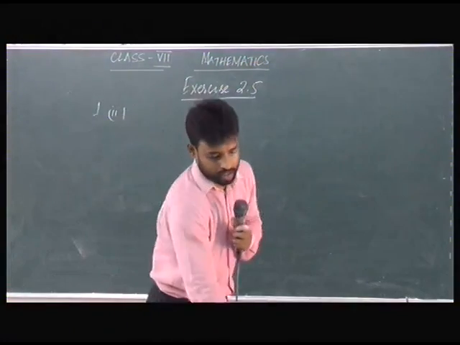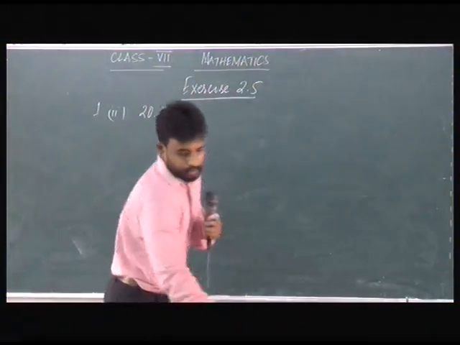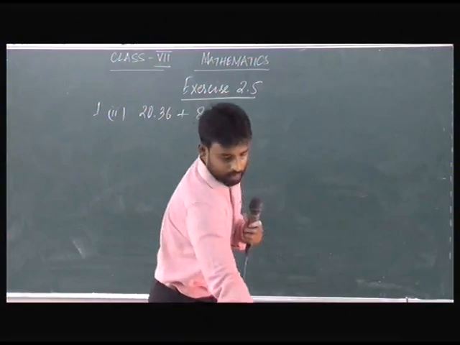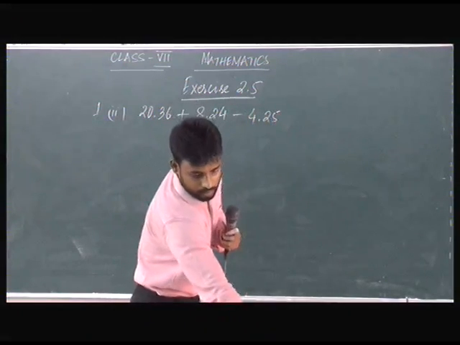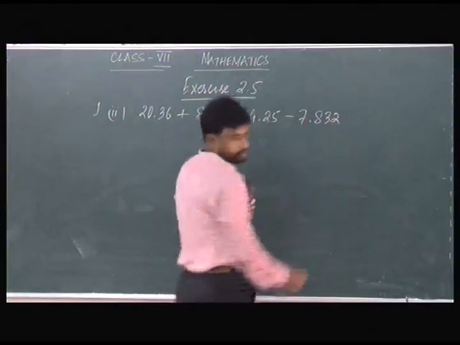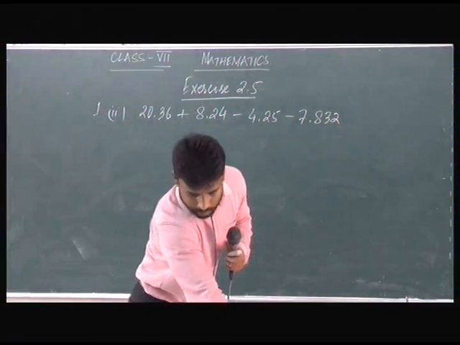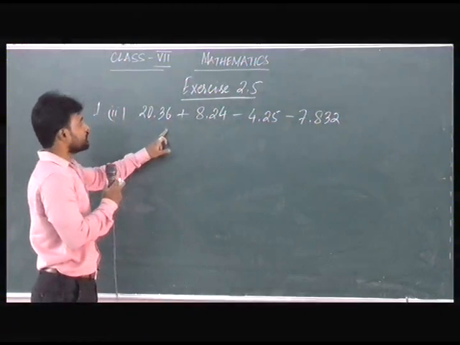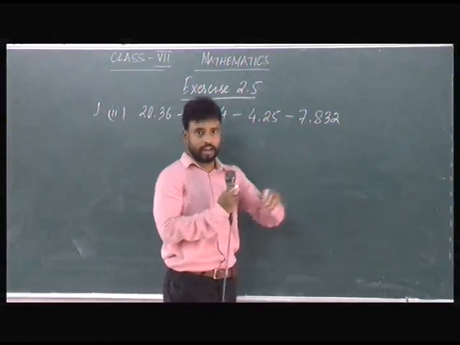The question is, we have 20.36 plus 8.24 minus 4.25 minus 7.832.